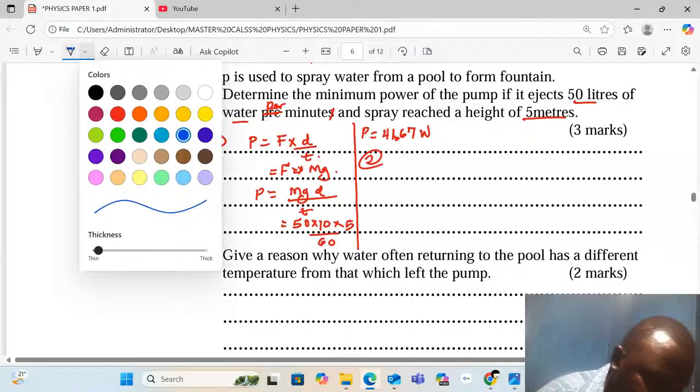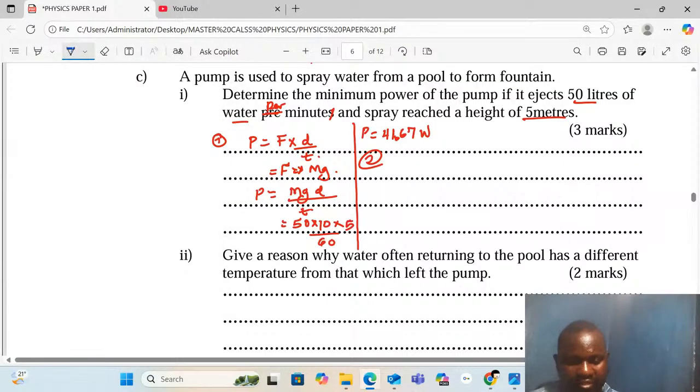Option 2, or method 2: I need to explain where the 50 kilograms came from. Let me take it slowly. So the mass of ejected water per minute is equivalent to 50 kilograms. Where is this coming from?